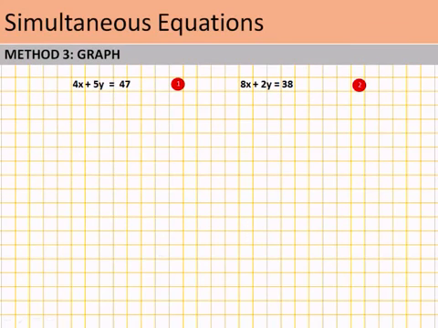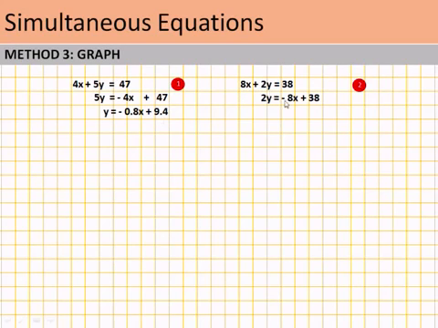Third method is doing a graph, or two graphs. 4x plus 5y equals 47 can be rearranged. Take away 4x from both sides, divide both sides by 5, and we can see that that's the same as y equals minus 0.8x plus 9.4.